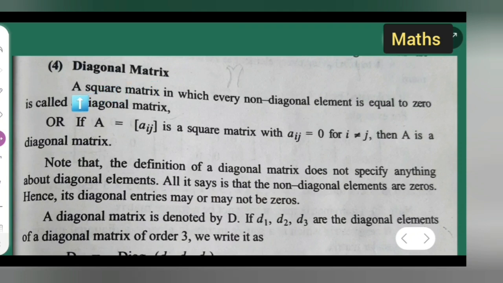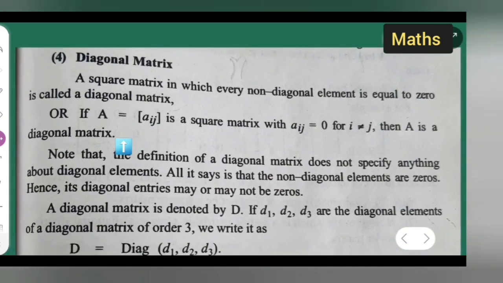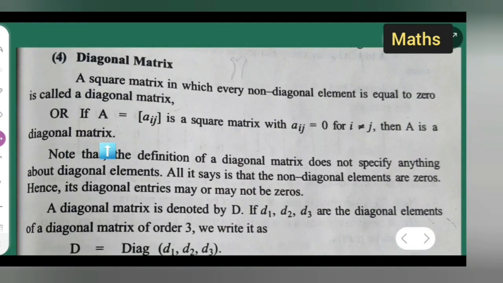Diagonal matrix: a square matrix in which every non-diagonal element is equal to 0 is called a diagonal matrix. Or if A equal to [aij] is a square matrix with aij equal to 0 for i not equal to j, then A is a diagonal matrix.